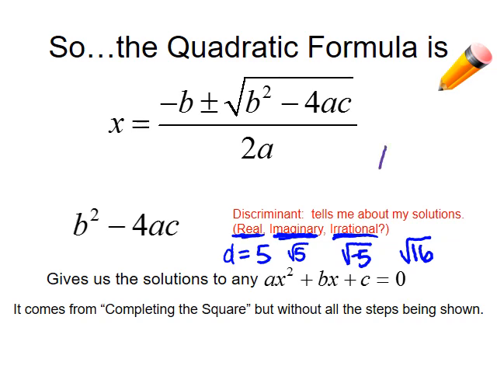Meaning, if you have an x squared, an x, and a constant equal to 0, you can always use quadratic formula or completing the square to solve. Sometimes we get messy answers, sometimes we'll end up with clean answers. But they'll all give us a solution of x equals.